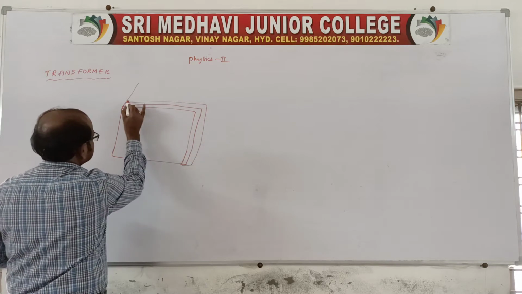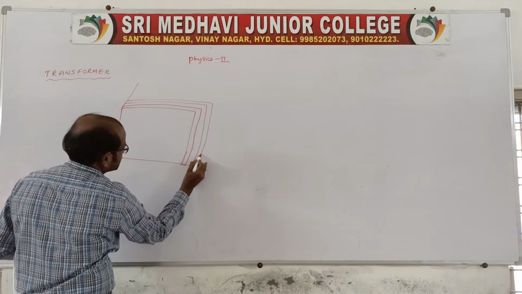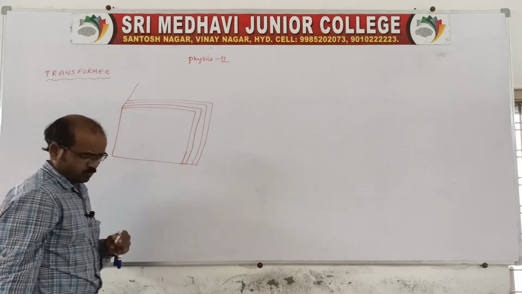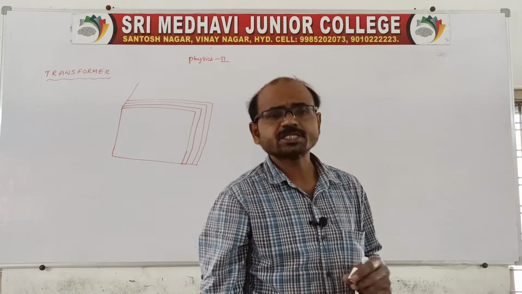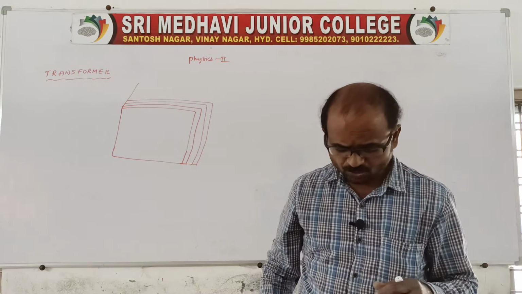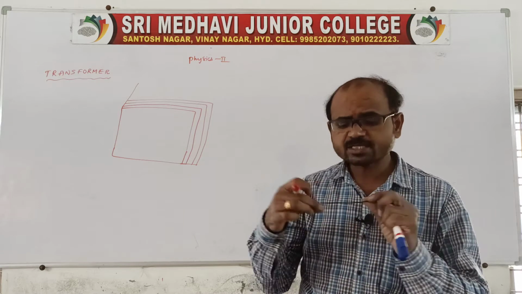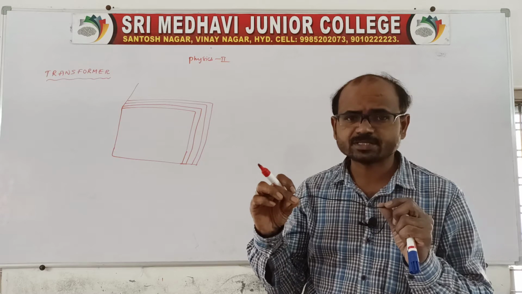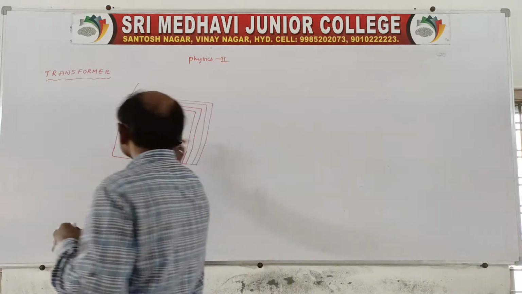Clear? These are all L-shaped frames, and they are electrically insulated. What is meant by insulation? Like this wire, the wire is insulated, and inside there is copper wire. Like that, the same for this also.